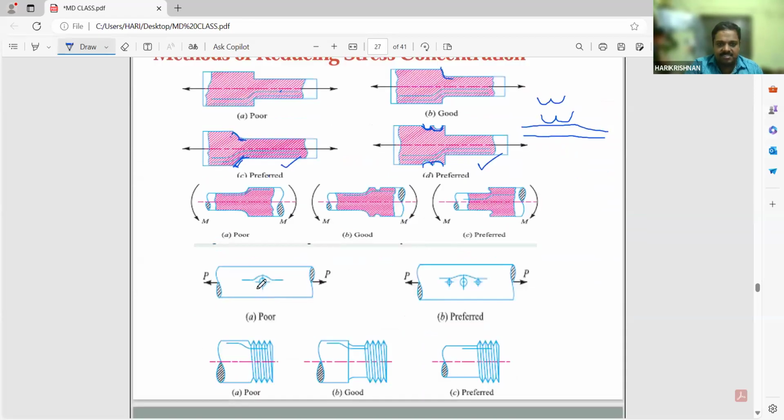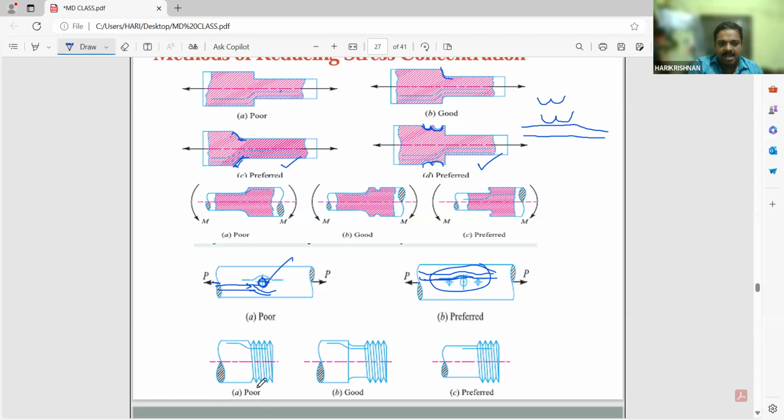So this is if we are drilling a hole at the center of a shaft. Okay, so this is not good. When the stress is coming over here, there will be a discontinuity over here. But if you are providing two more holes like this, what happens? The stress in the earlier stage itself, there will be a discontinuity. So they will arrange according to this one. So here the stress concentration will be less compared to this part.